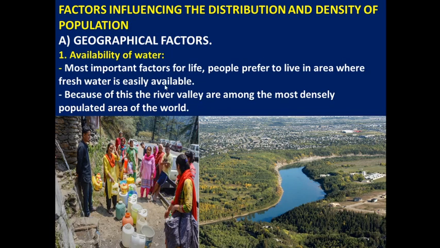So far we studied that in terms of population distribution and population density, the world population is totally unevenly distributed, right? Why in some places the size of population is very large, and as compared to that, in some places the size of population is very low?